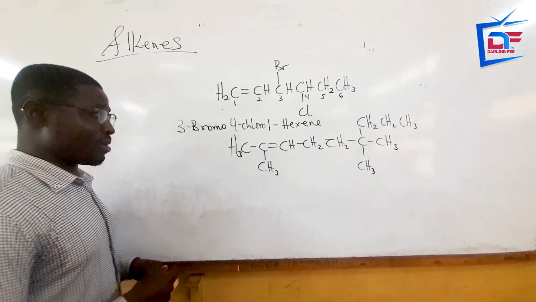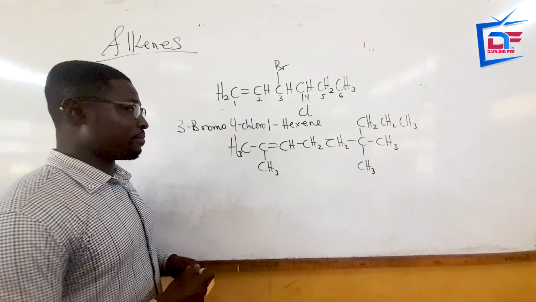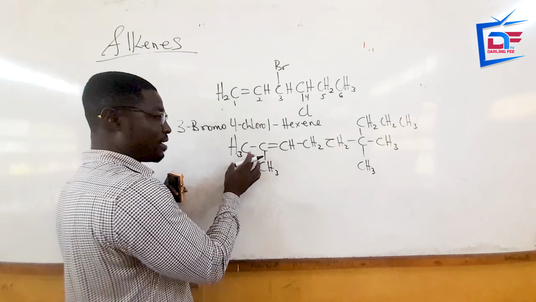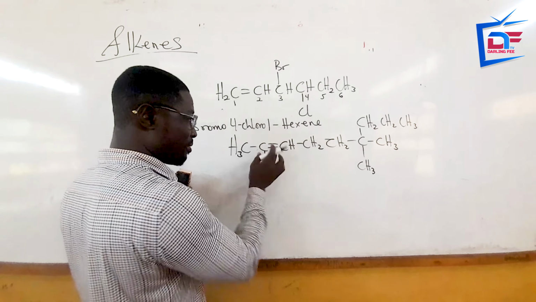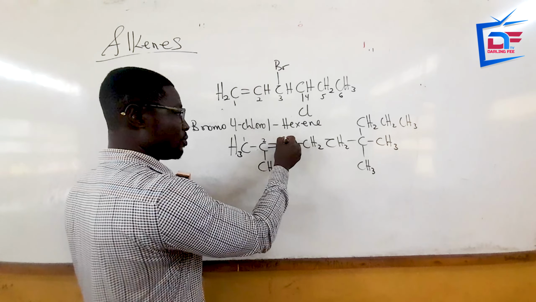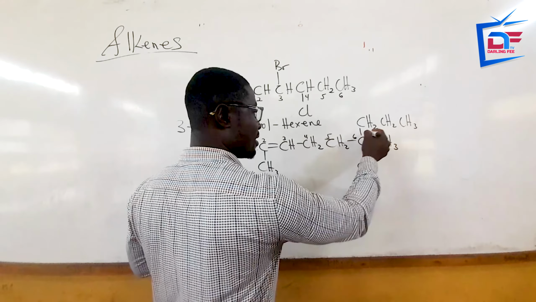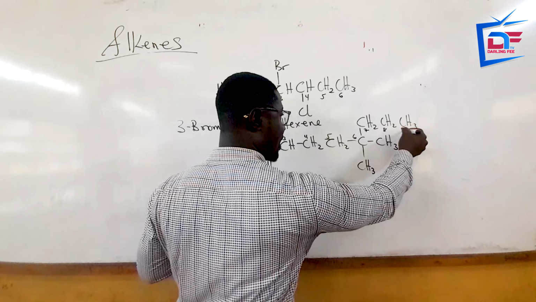Okay, so with the last one, how do we go about it? I think you want to give it a shot, you can try. The system goes this way. So we still have the numbering starting from the left to the right because of the position of the double bond here. So 1, 2, 3, 4, 5, 6, 7, 8 here, and 9.